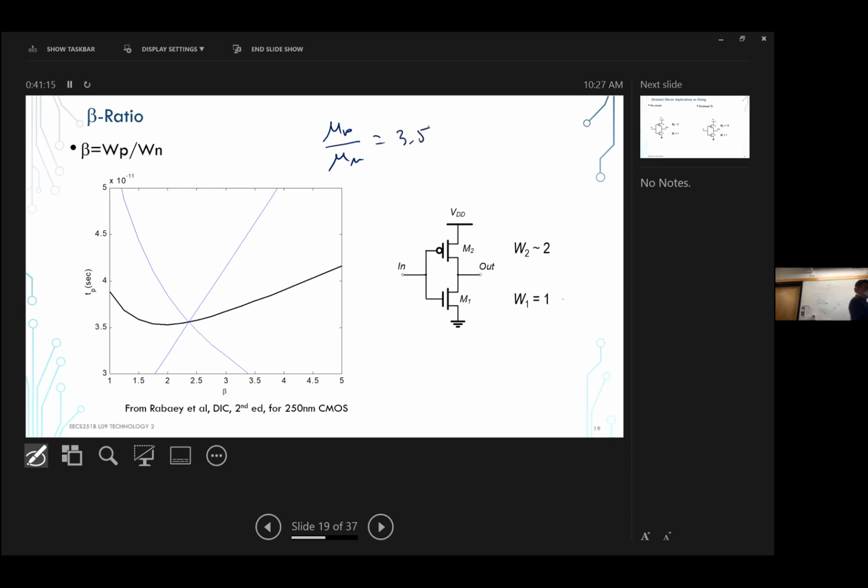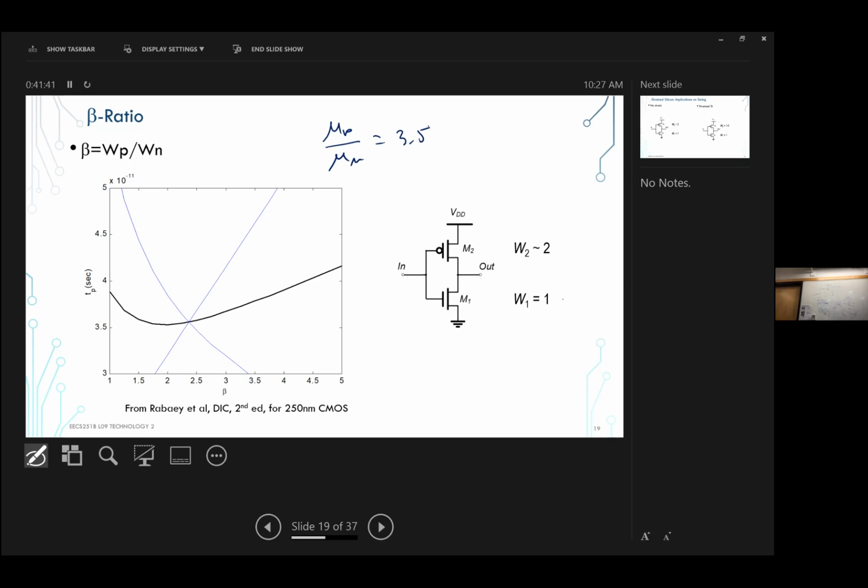So how did we end up with the optimal sizing, which is 2? The reason for that comes from the delay. From balancing the delay and finding the minimum average delay in high to low and low to high conditions.